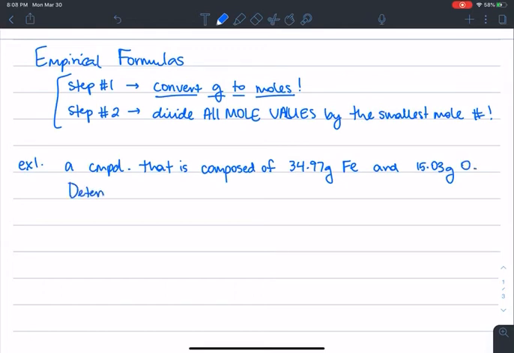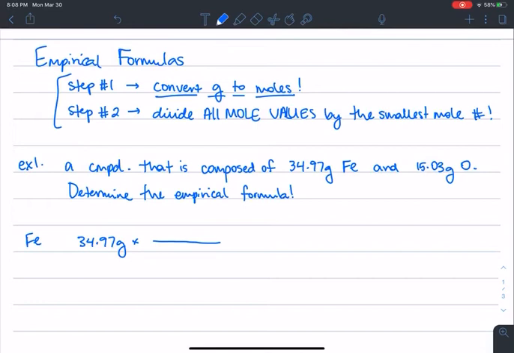Determine the empirical formula. Okay, so what do we have to do? Step 1, convert grams to moles. So we have for iron, 34.97 grams. We're going to multiply it by a what? Right? All you keepers of the conversion factors know the conversion factor, which is going to be its molecular weight.